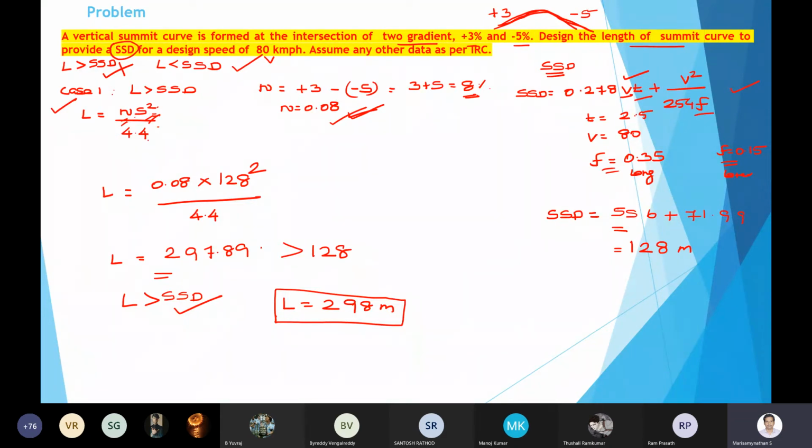Applying all the values, you get 128 meters as the stopping sight distance. Applying it in the length equation, we get 298, which is greater than 128. Therefore, it satisfies our first assumption. There is no need to go for case 2, and the final solution is that the length of the vertical summit curve is 298 meters. So this is one simple problem on how to estimate the value based on the SSD.